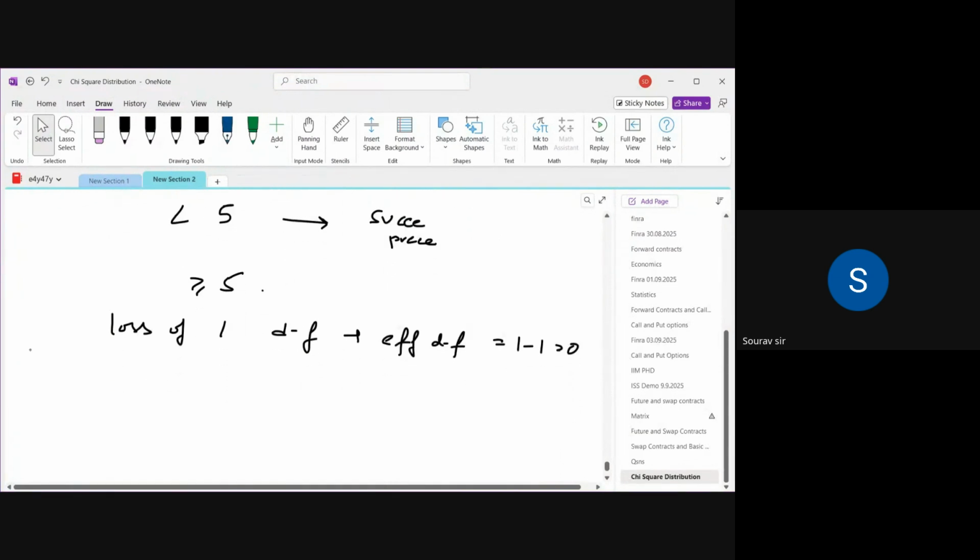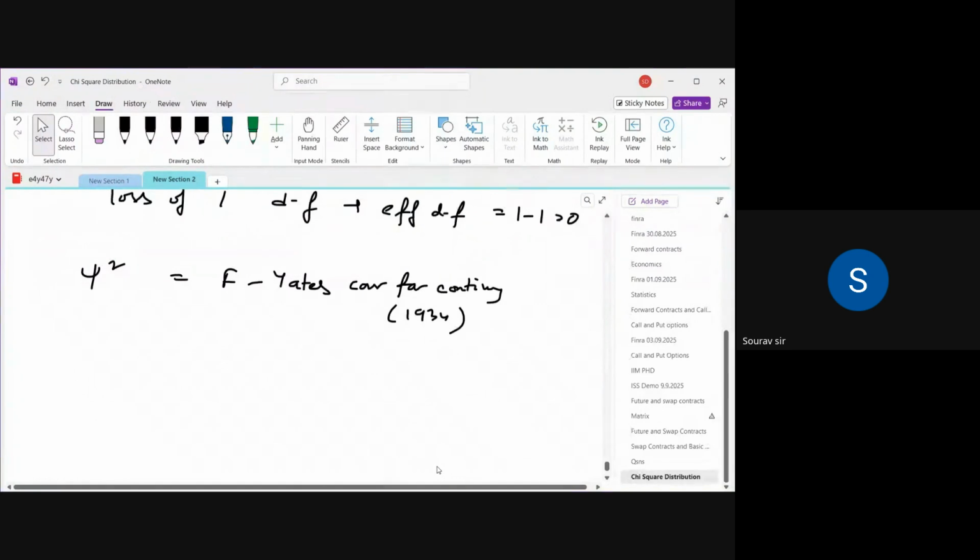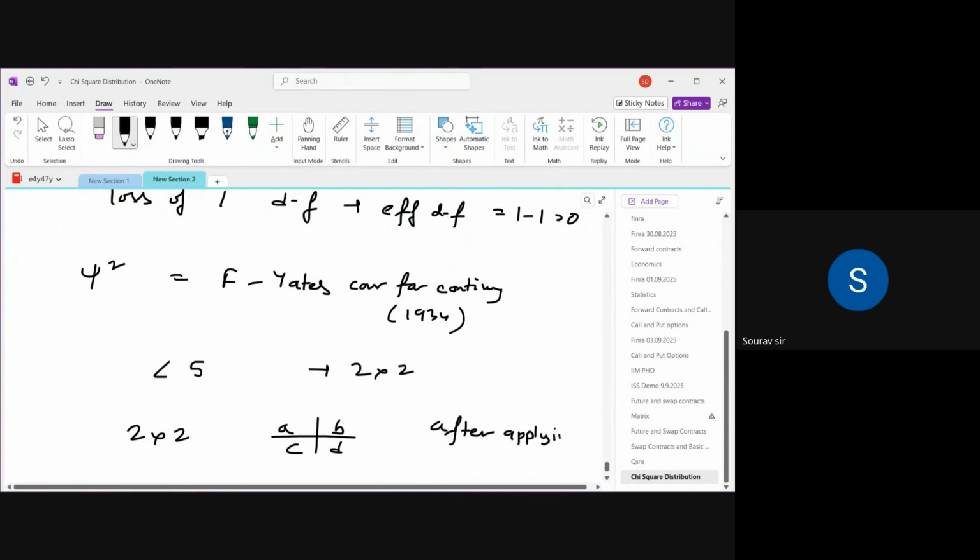Why? Because in this case we compute, after applying Yates correction for continuity, which I am explaining, which consists in adding 0.5 to the cell frequency which is less than 5, and adjusting the other frequencies in the 2 cross 2 table. So the 2 cross 2 table goes A, B, C, D after applying Yates correction.